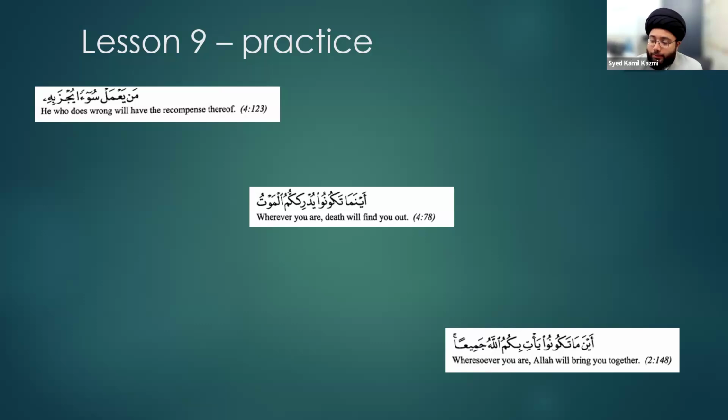It means that if death is a means of motivation for us to make sure that our actions are in line with the best of deaths, the capacity to go from this dunya to the next one in a pleasing manner, such that we're going towards the good rewards that we've sent forth by our actions, then that remembrance of death becomes a motivation towards doing good, being aware of our actions and so on and so forth. And death can occur anywhere. There's no place that you can hide yourself from death.